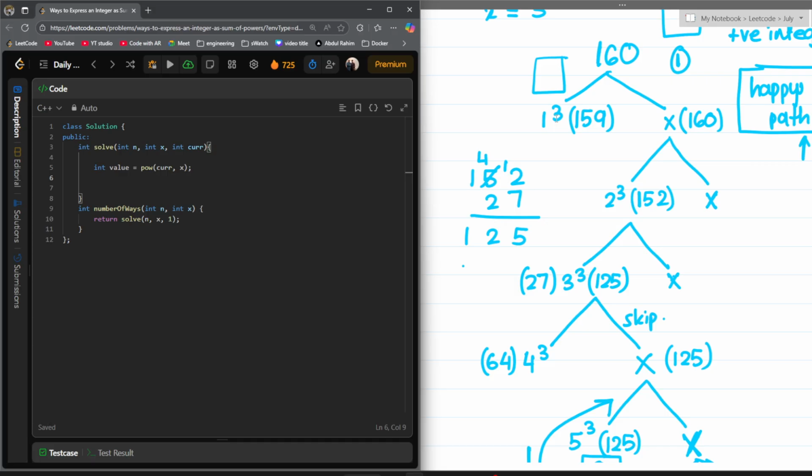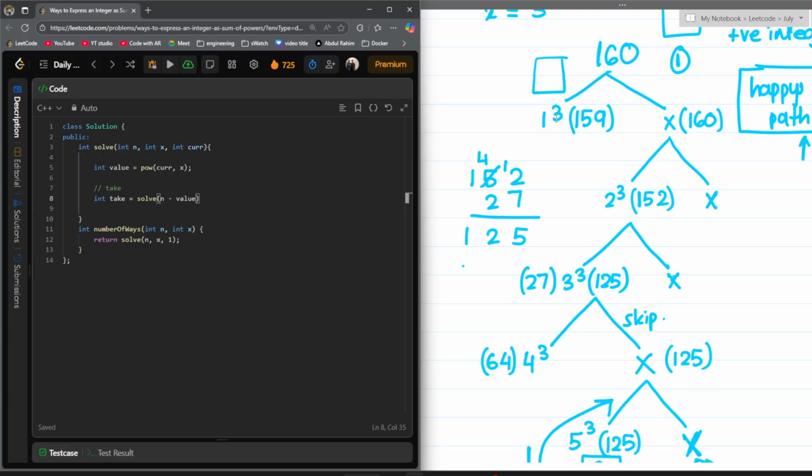Now what do I need to do? I have two decisions, and one of those decisions is going to ultimately end up in a happy path. So the first decision is take, right? And take is going to be equal to solve, then n, which is what I am trying to make, minus the value.